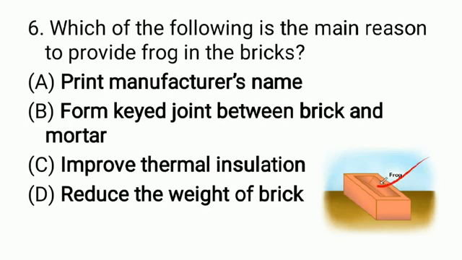Okay, and this is mainly used to form a key joint between brick and mortar, that means the mortar accumulated in the frog forms a very good key for the subsequent course of brick above it. Okay, that means it can adhere the brick with the mortar. So our answer will be to form a key joint between brick and mortar.